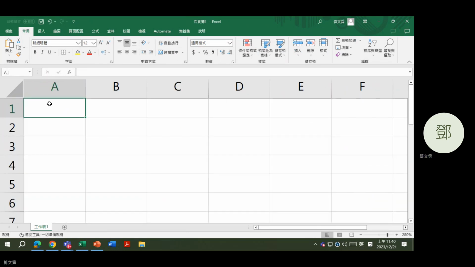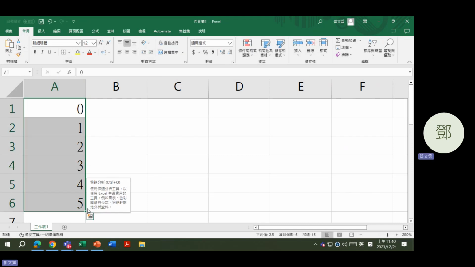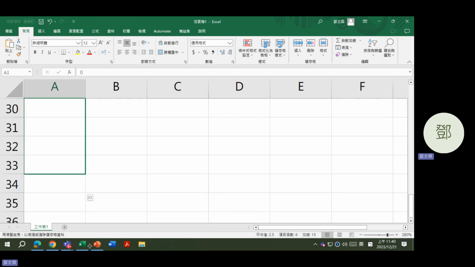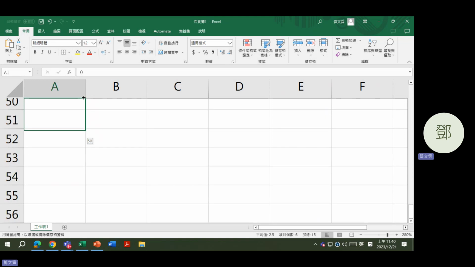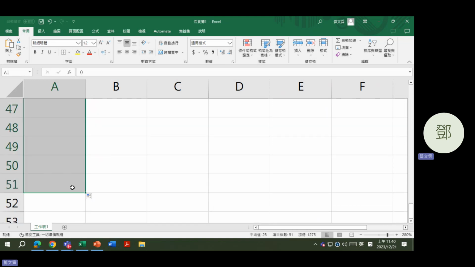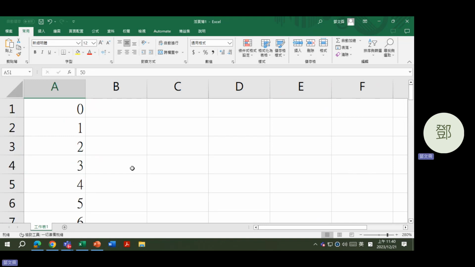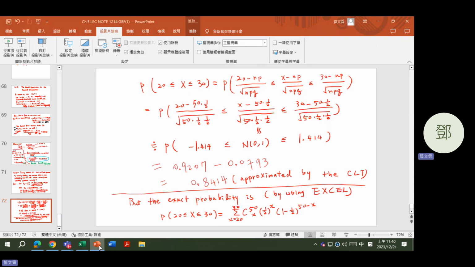Equal, from 0, 1, 2, 3, 4, 5, all the way to how many? To 50. Because he answers 50 questions. All right, and this is the formula.